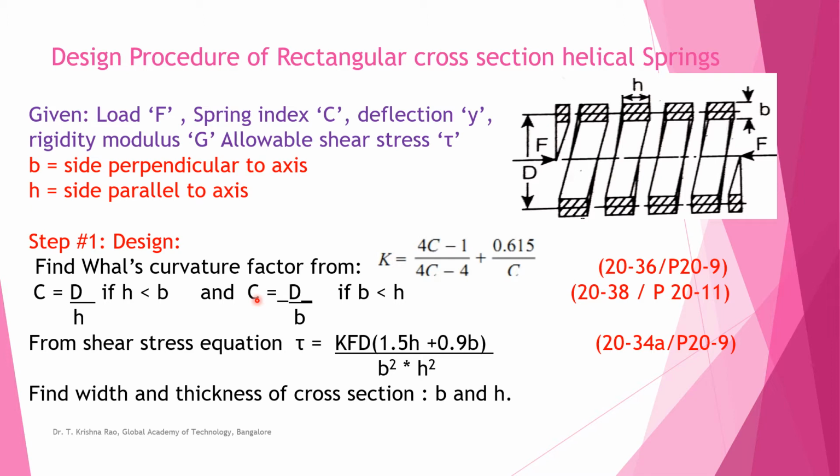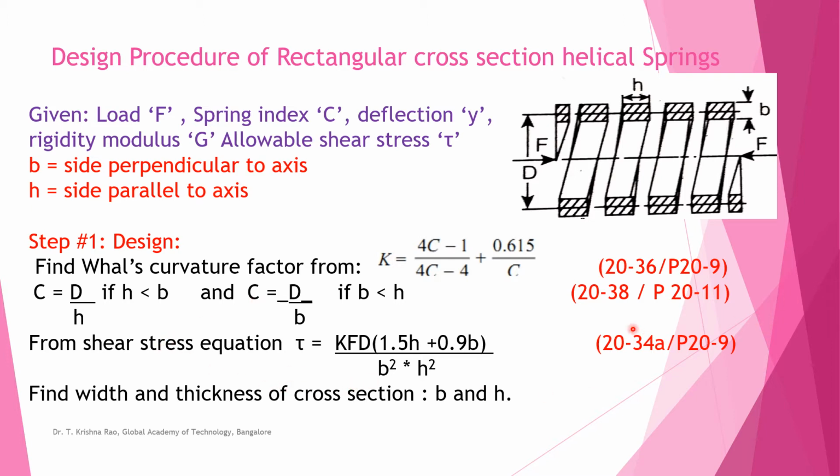Step number 5, pitch. Step number 6, stiffness. Step number 7, length of wire. What we have done for circular cross section, same steps here. Since the cross section is different here, the equations for tau and y are totally different. The equations for tau and y, we will see what is given for rectangle.